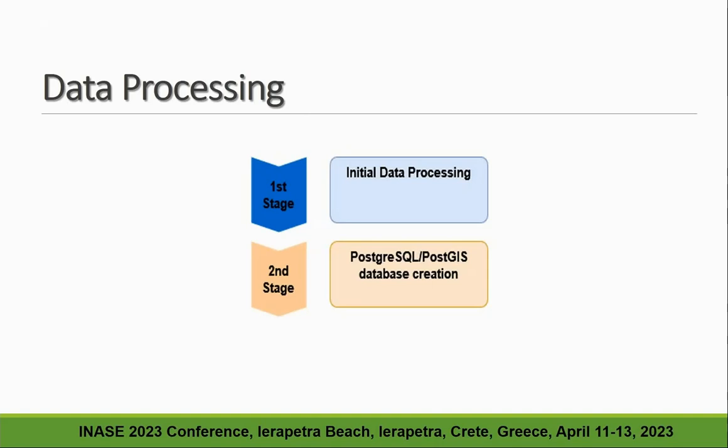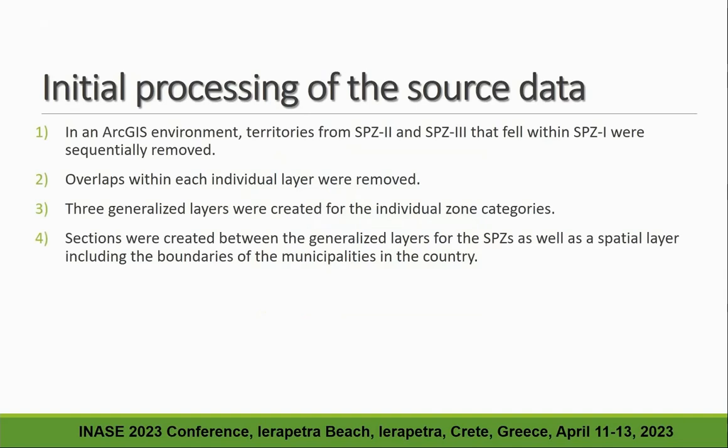The first is the initial data processing, and the second one is the creation of a PostgreSQL and PostGIS database based on this initial data processing. The first stage is implemented in two steps: the initial processing of the source data and the database design on forests in protected zones.